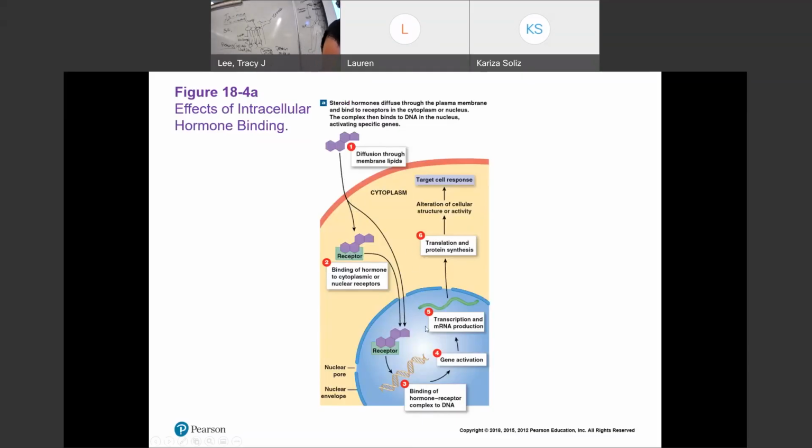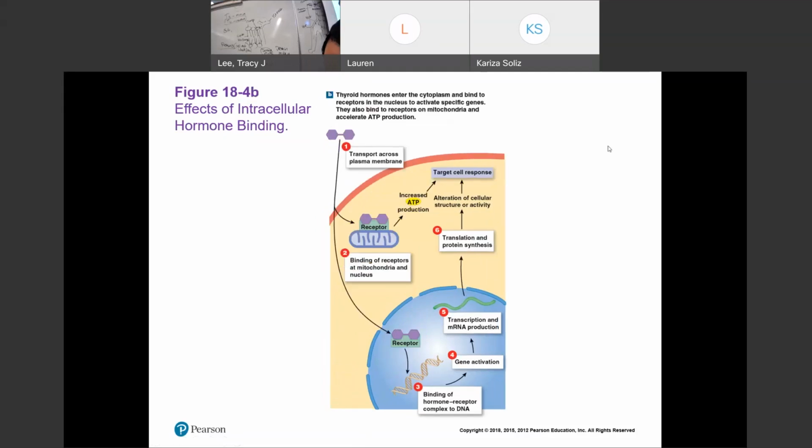This particular receptor goes into the DNA of the cell, and it's changing DNA. On this one, it's turning genes on and off, which is changing our mRNA, which changes the proteins that we build, that alters something to do with proteins in our cell.